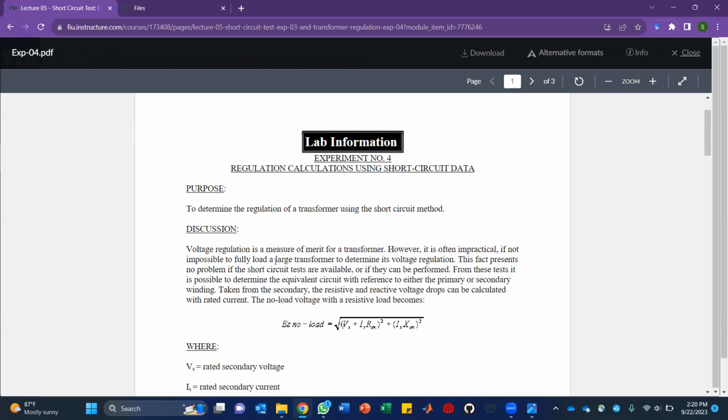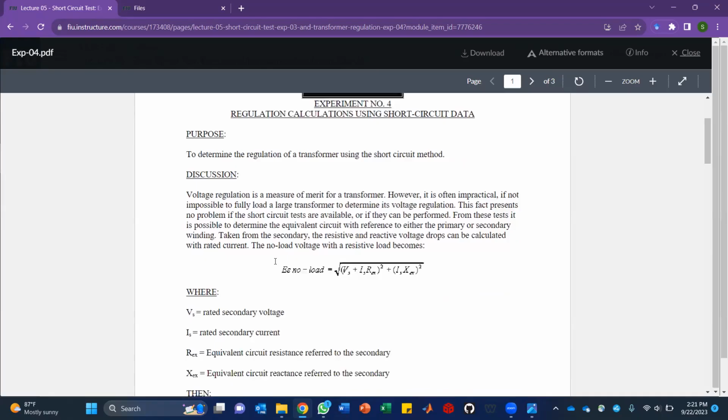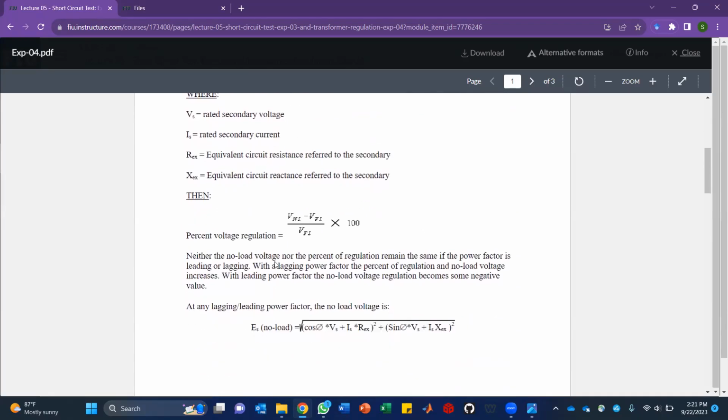So we'll test our transformer with load and without load. With load, there are some changes in the transformer's characteristics. We'll compare the output voltage, that means V2. So this is the equation.